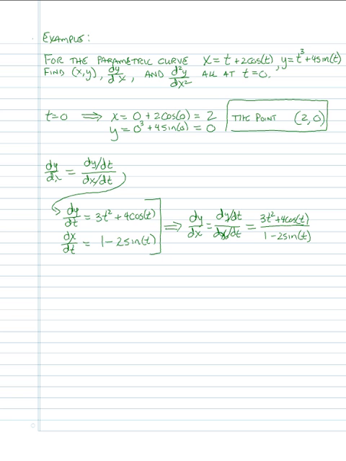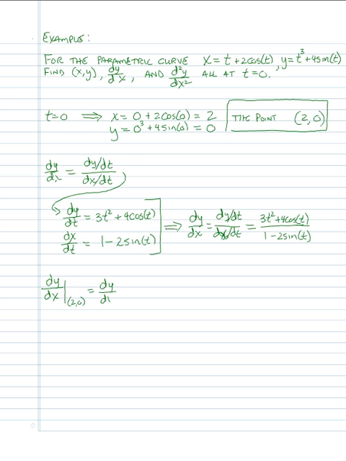Now, what we were asked to do here is find the derivative of y with respect to x at t equals 0. So the next thing we're doing is taking that derivative and evaluating it at t equals 0. Of course, that's at the point 2 comma 0, because we know when t is equal to 0, that's the point we're talking about.